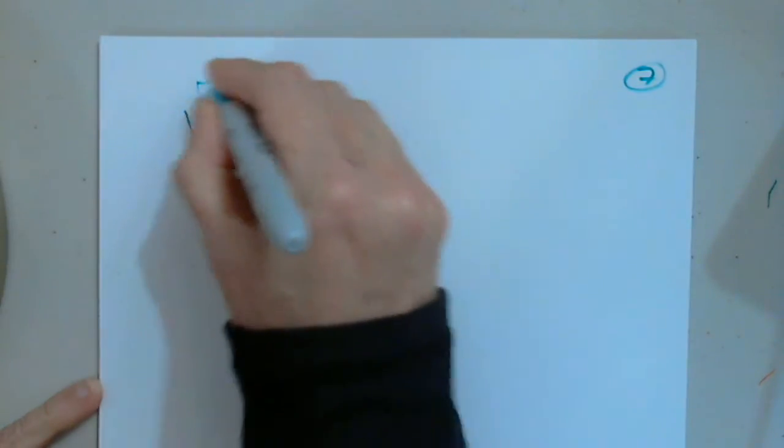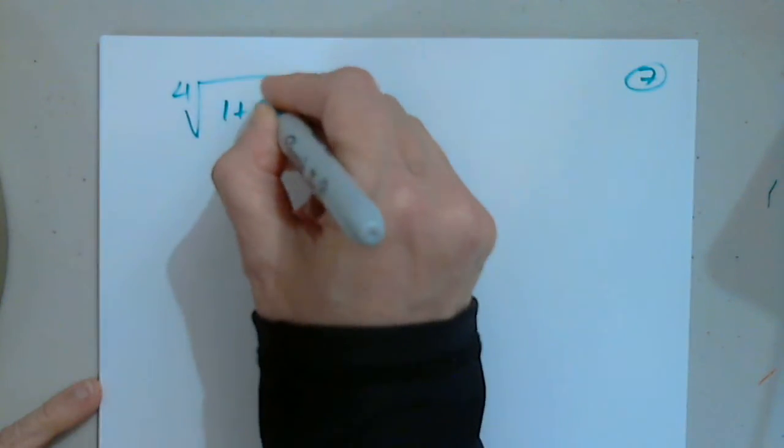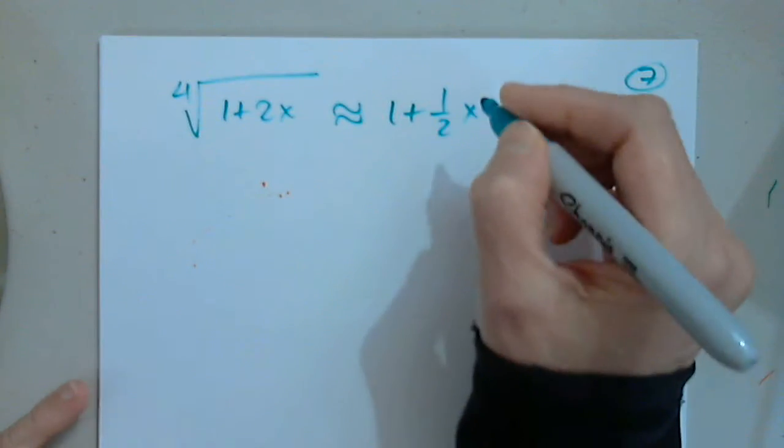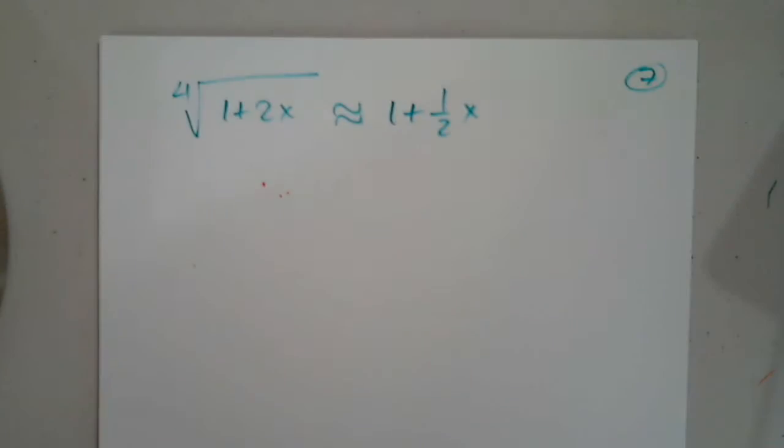So we have the fourth root of 1 plus 2x, let's say, is approximately 1 plus 1/2 x. So first of all, it says, verify the given linear approximation at a equals 0. Okay, so let's do that and then I'll come back for the rest.